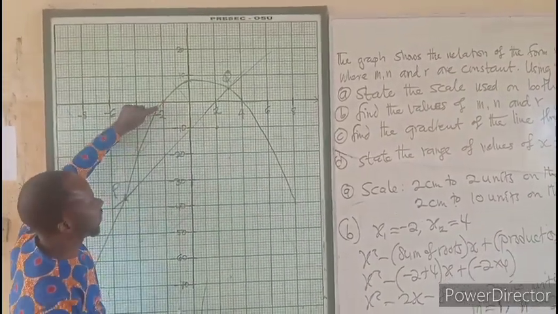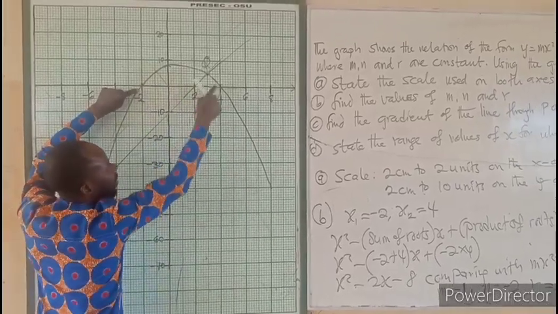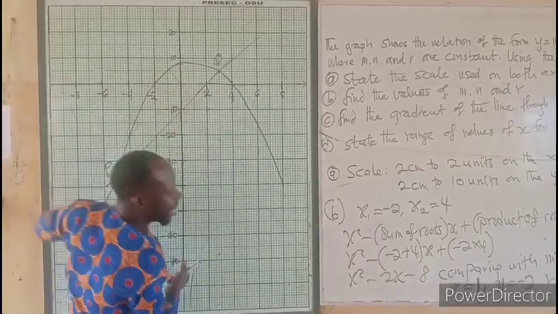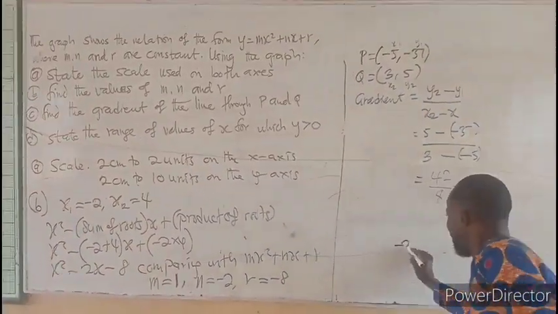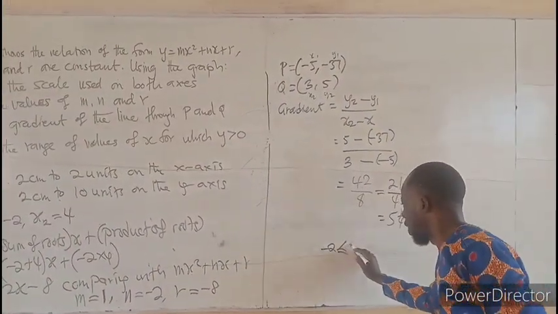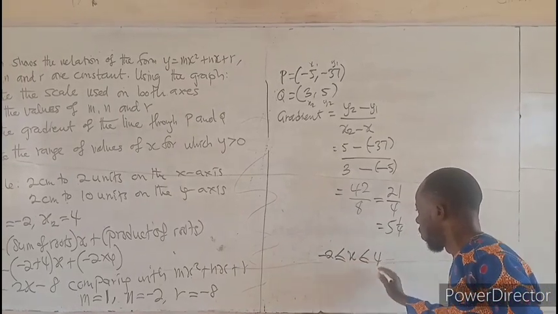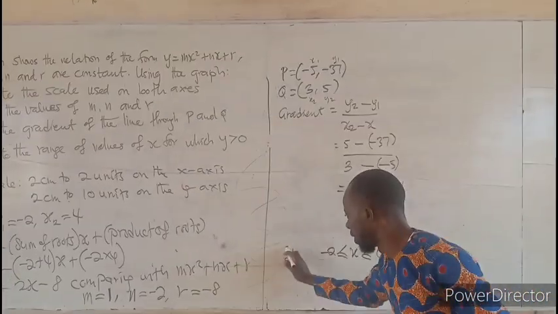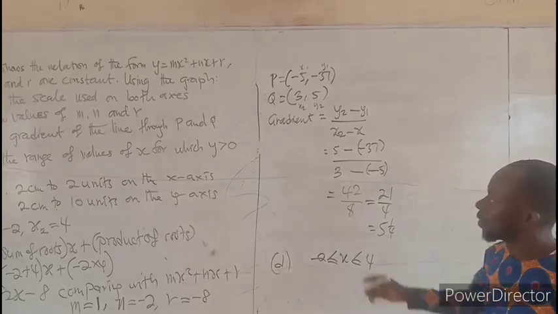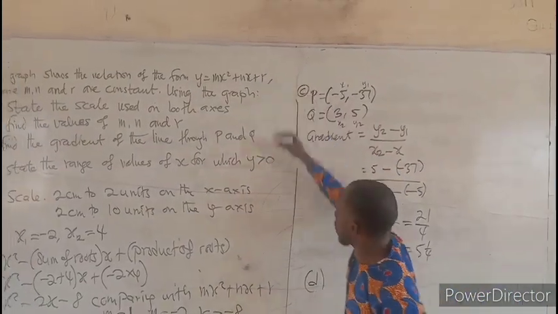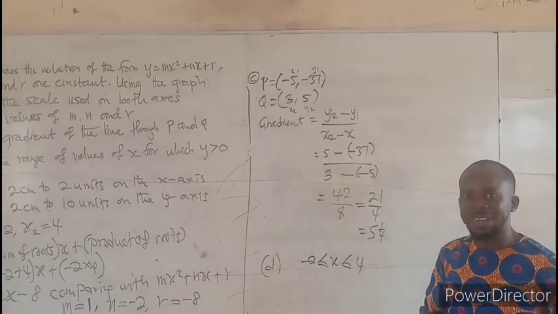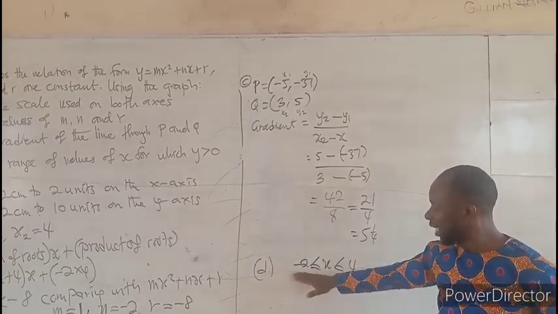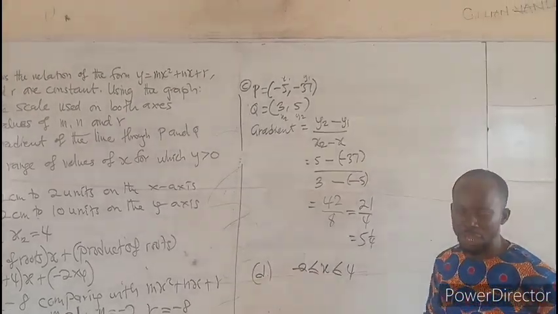So values of x for which y is positive is from here to here. That is just going to be negative 2 less than or equal to x less than or equal to 4. As in question number D, this will be our C. So the values of x for which y is greater than 0 will be negative 2 to 4 inclusive.